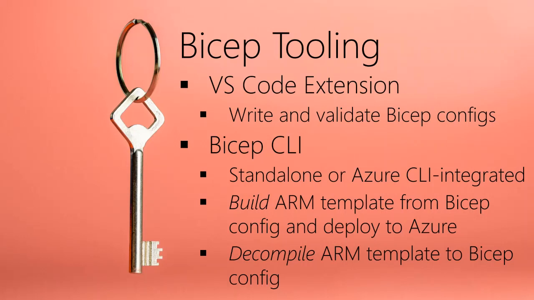It goes in both directions, and this is very, very helpful if you want to start building your own, let's say, Bicep repository or Bicep library. You can still use the investment you have already made in ARM templates, decompile all of that, and then maybe with some very minor changes, start creating your Bicep repositories.